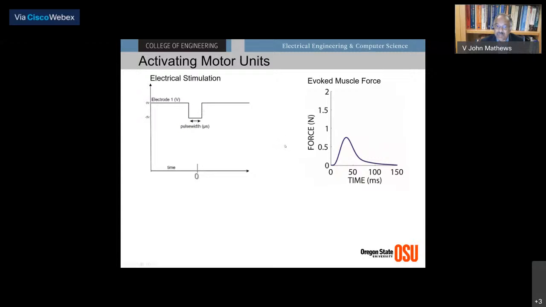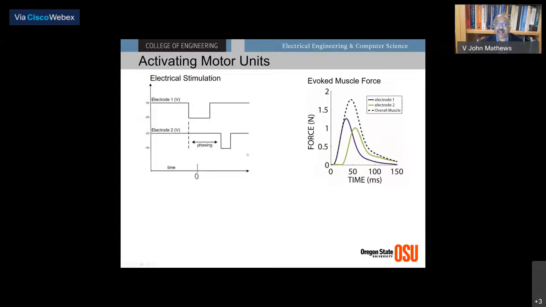When a pulse is applied, a twitch force is evoked in the muscle. This is actually the force in response to a pulse like this. If the pulse is wider, the twitch is stronger. You can see that the height was higher here, right?